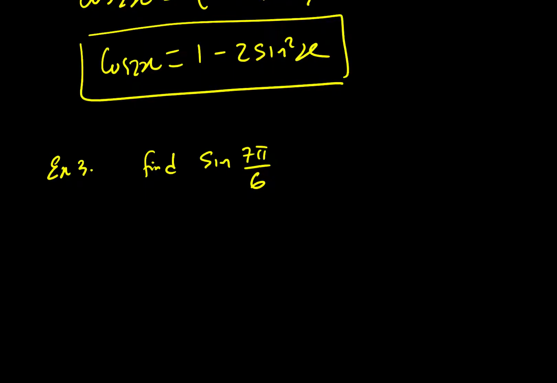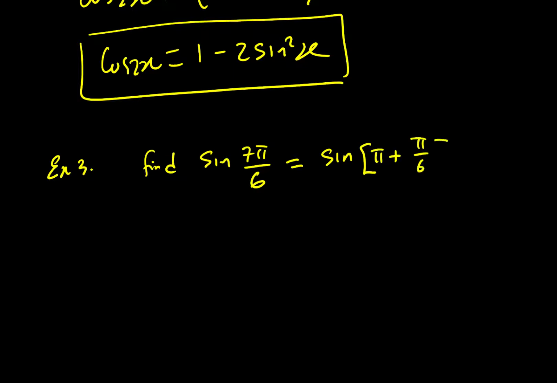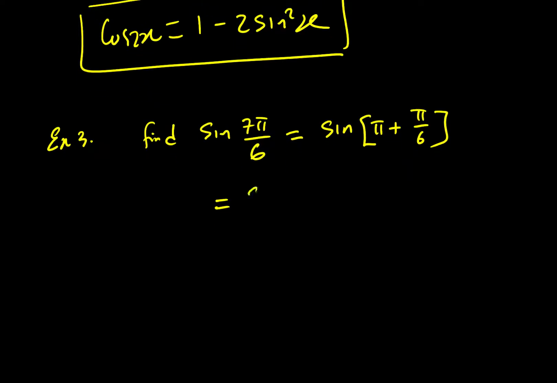Sine 7 pi over 6 can be rewritten as sine pi plus pi over 6, which can still be written as sine pi cosine pi over 6 plus cosine pi sine pi over 6.